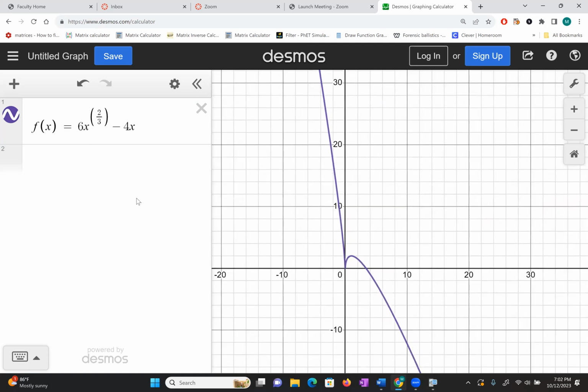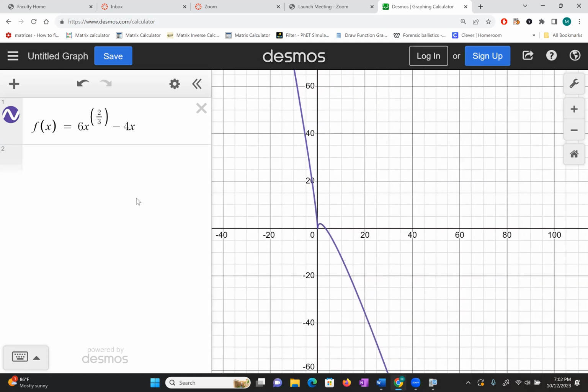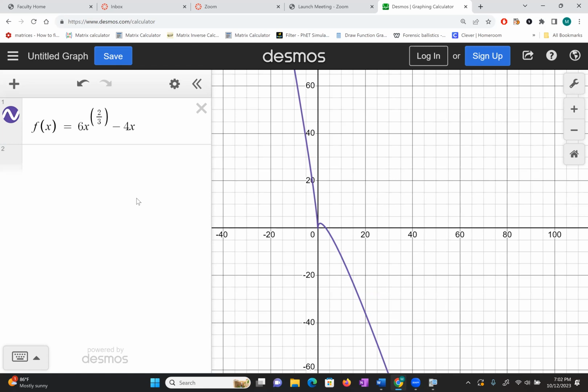Let me go back. I think I had to go down this way. So yeah, see how dramatic it is? See that 0 point where it almost looks like a cusp. And so that's not even differentiable at that point. Okay, so looking at that graph, you can see that there's an extreme there.